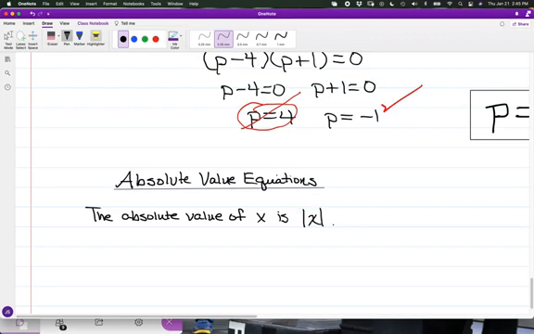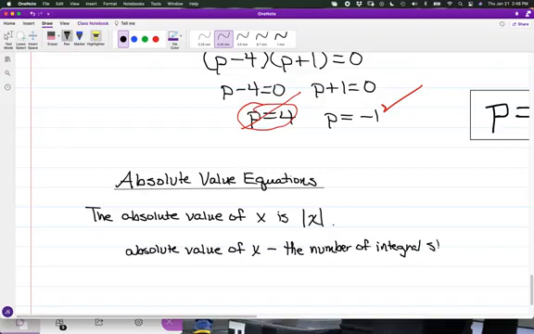And by definition, the absolute value of x is going to be the number of integral steps that x is away from 0 on a number line.